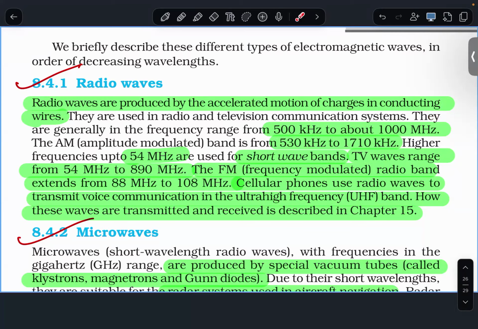The amplitude modulated band is, sometimes they will ask this question as options you need to match, 530 kilohertz to 710 kilohertz. Those frequencies above 54 megahertz are used for short wave bands.